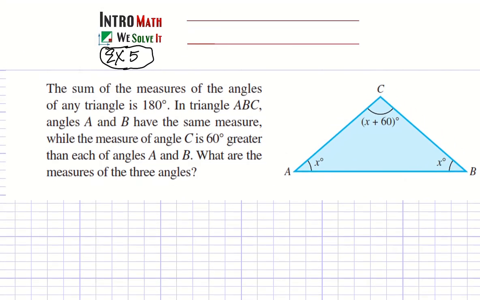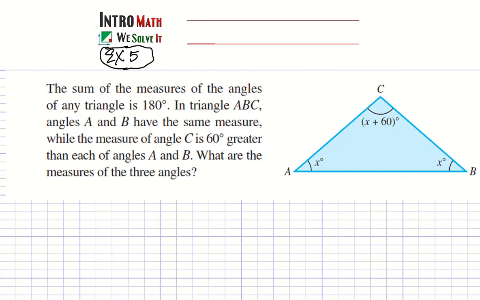Now let's read. The sum of the measures of the angles of any triangle is 180. We know that. Then it says in triangle ABC, that's the triangle right there, angles A and B have the same measure.